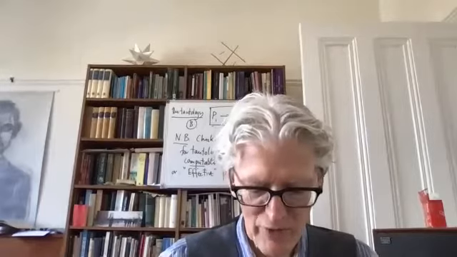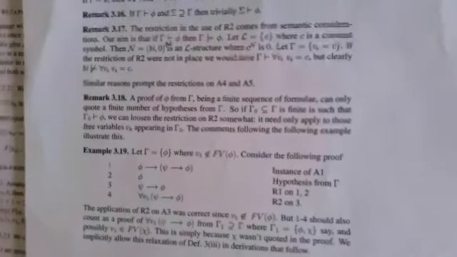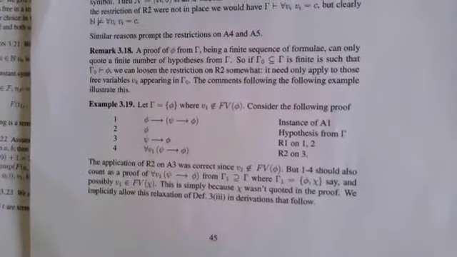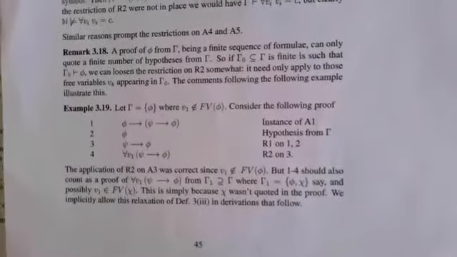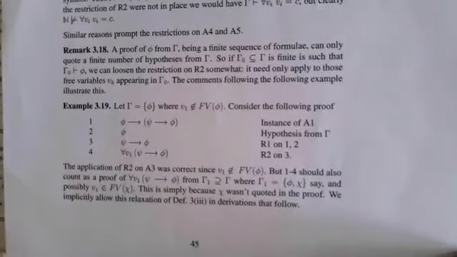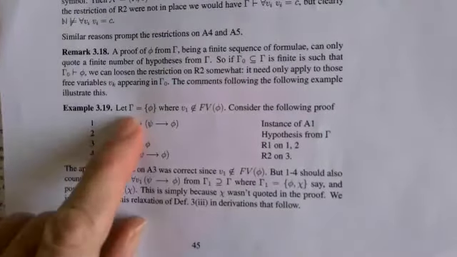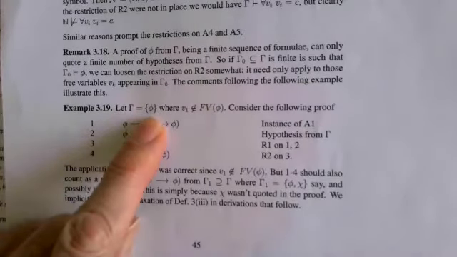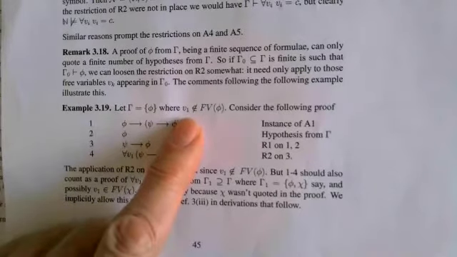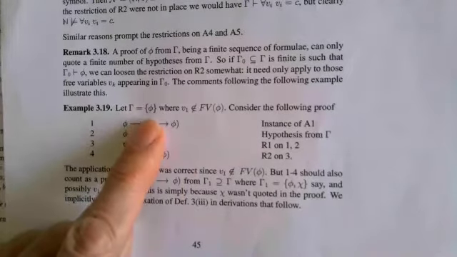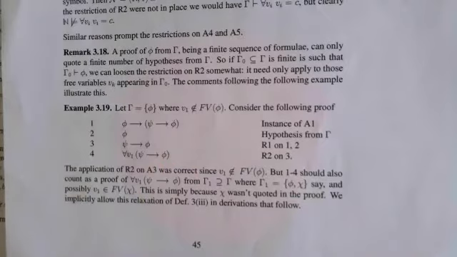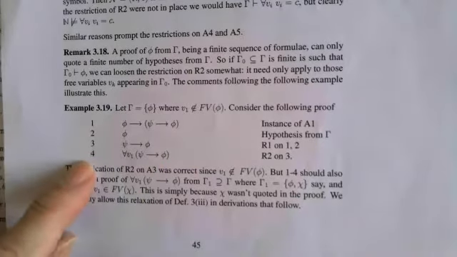So let's look at the bottom of page 45. Here's a very simple example of a proof. I've got gamma, which has just one formula in it, phi, and I specified that V1 is not one of its free variables. So this is what a proof looks like.